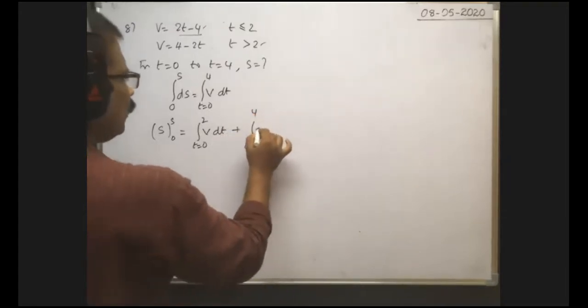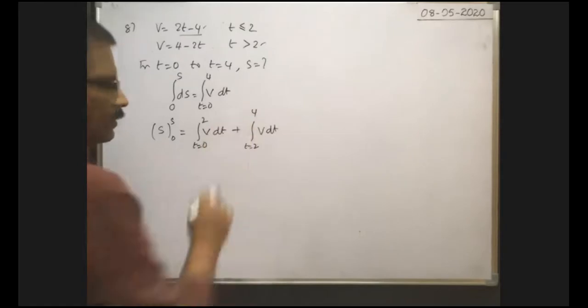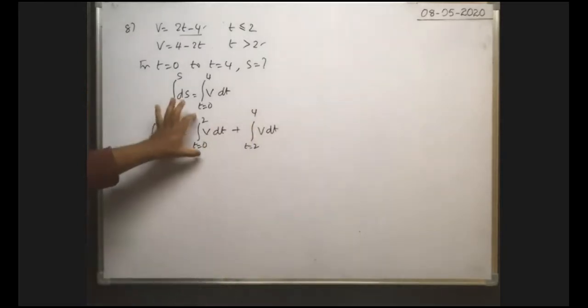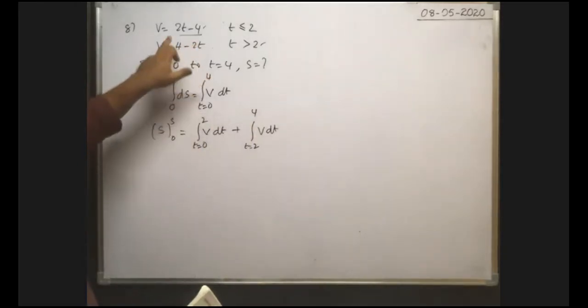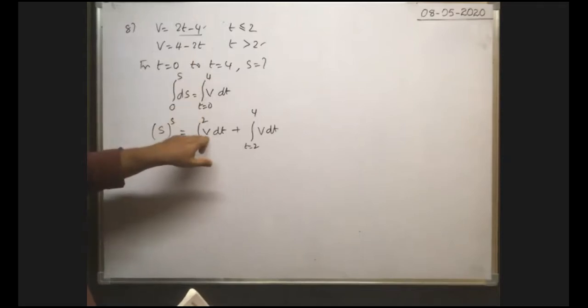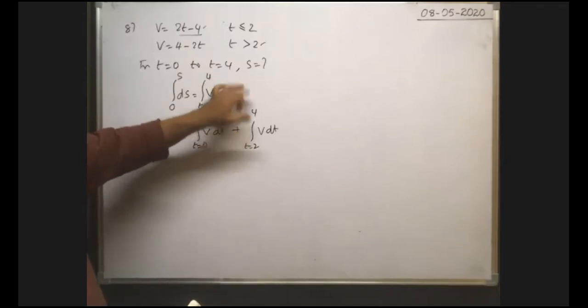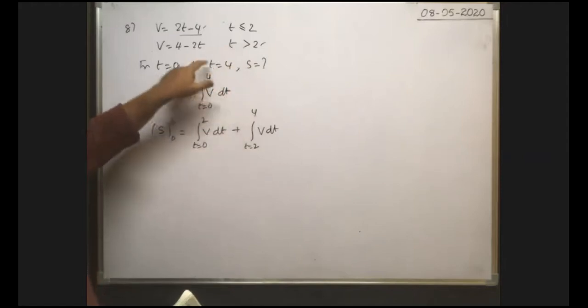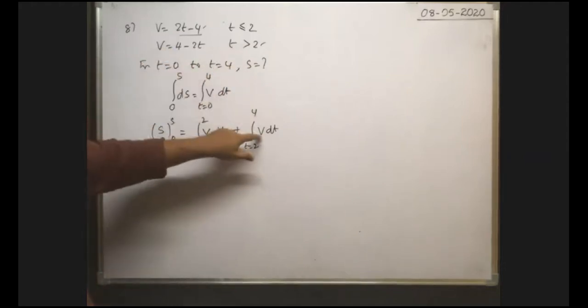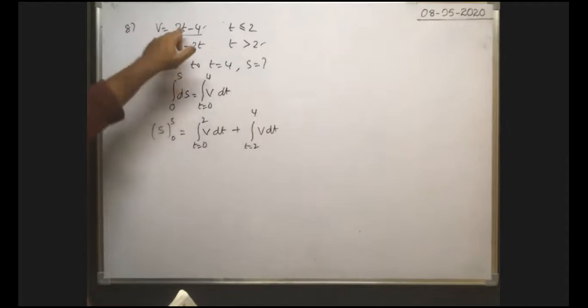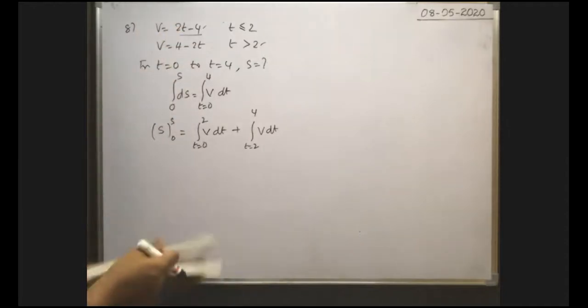From 0 to 2 seconds we take the first formula for velocity, and from 2 to 4, greater than 2 seconds, we take the second formula. Simplify them, and you will get the answer.